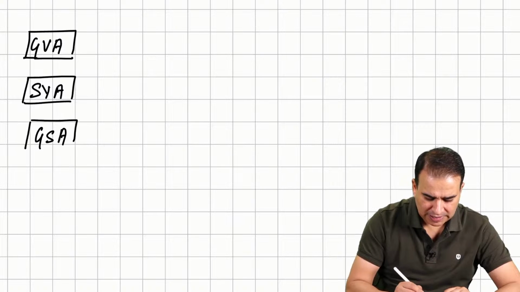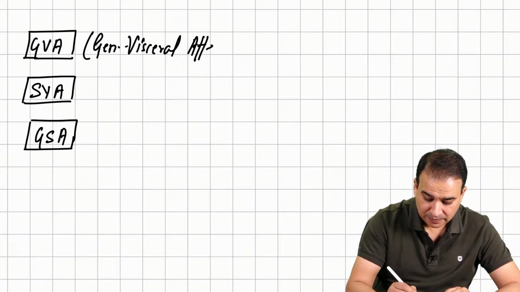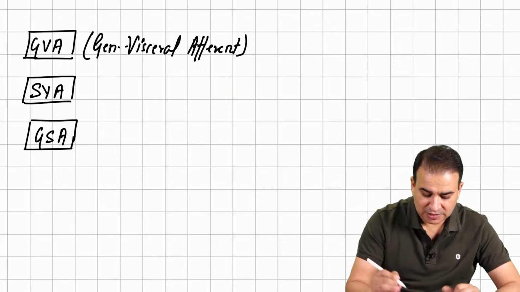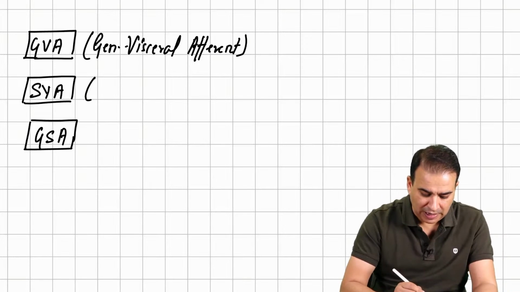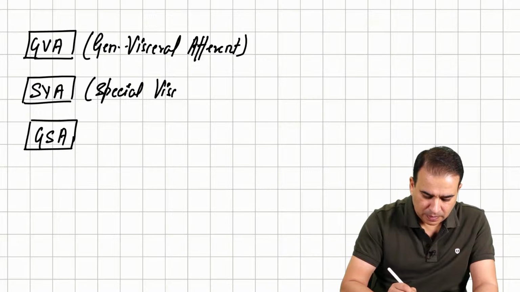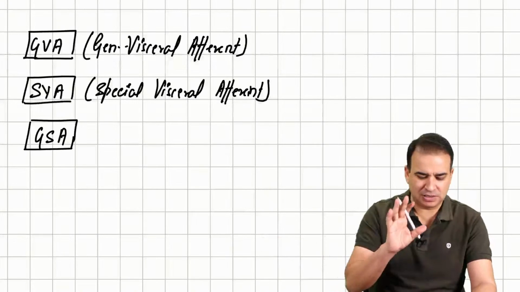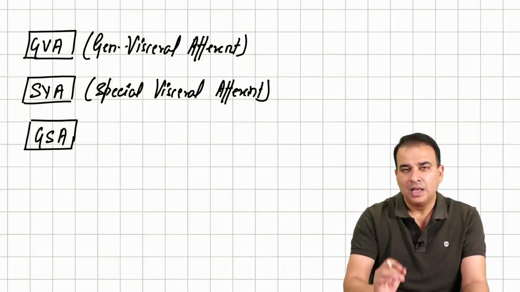GVA stands for general visceral afferent, and SVA stands for special visceral afferent. These are afferent columns, obviously, so it's all afferent here. We'll come to GSA also. Let's just go with the first two for now.